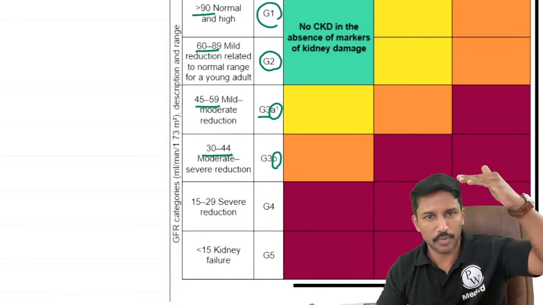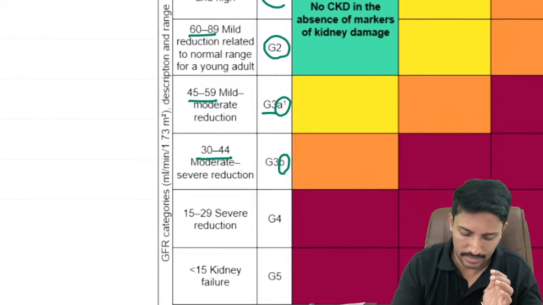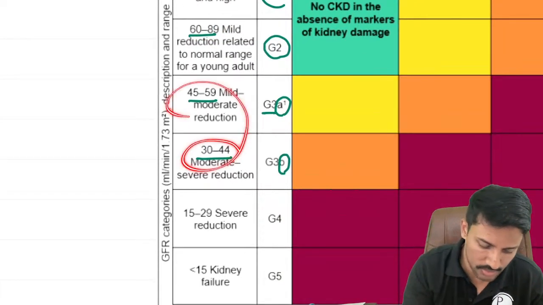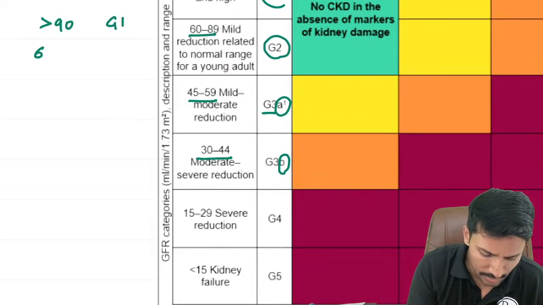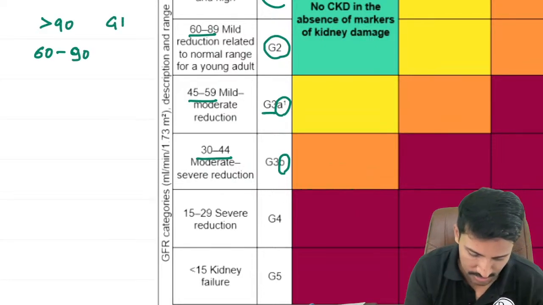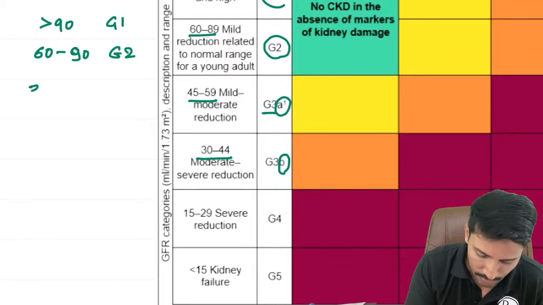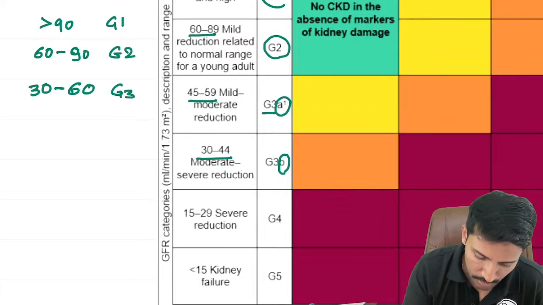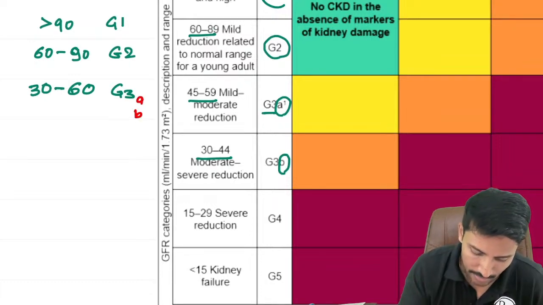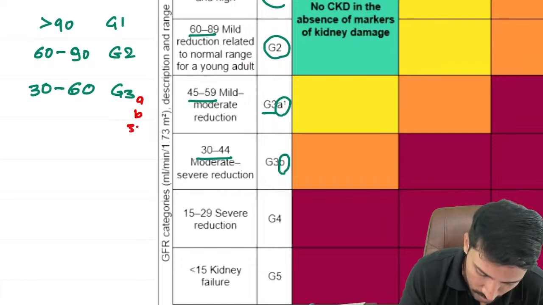Easy to remember, 90 plus, then 60 to 90, then 30 to 60. So remember here, more than 90 is your G1, right? Roughly 60 to 90, of course, it is 60 to 89. For the exam, just write 60 to 90, that is G2, right? Then 30 to 60 is G3, where we have further subdivided that into G3A and B. A refers to 45 to 59 and B refers to 30 to 44.